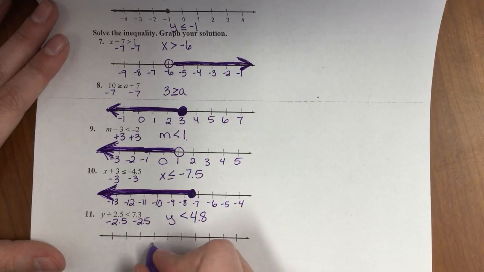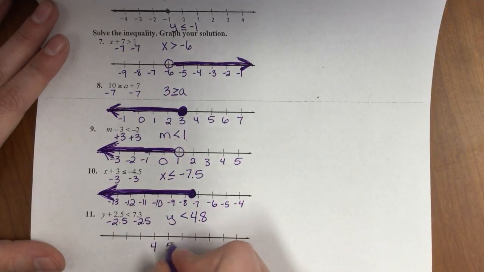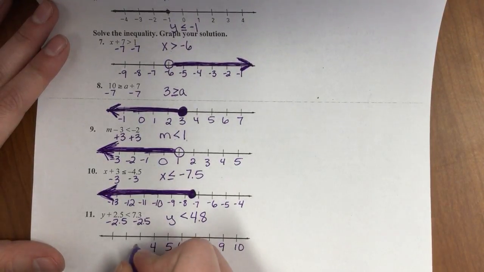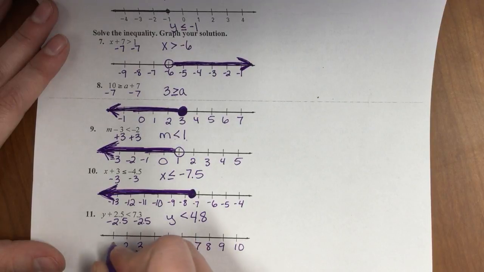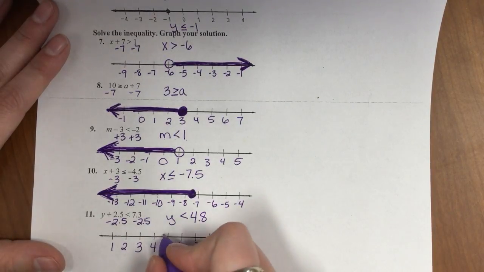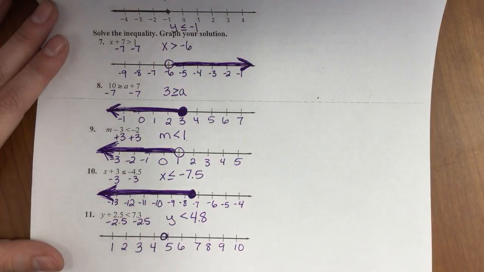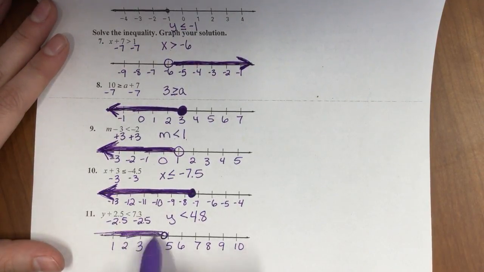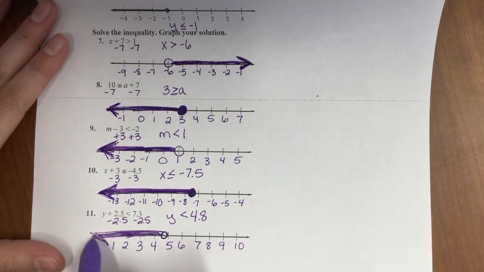Maybe we'll, whatever, 4, 5, 6, 7, 8, 9, 10, 3, 2, 1. Okay, 4.8 is right here-ish. Okay. And 4 is less than 4.8, so we shade that way. I hope you got that right.